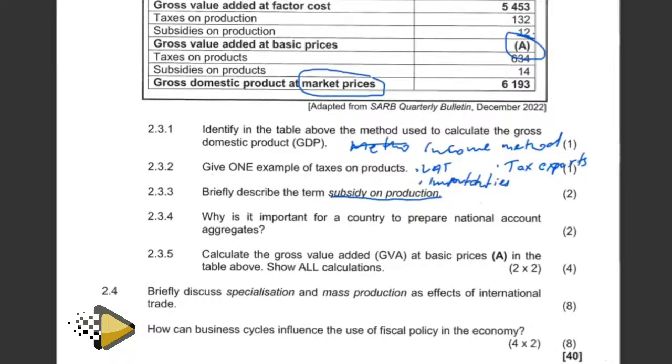For example, we have subsidy paid on employment.